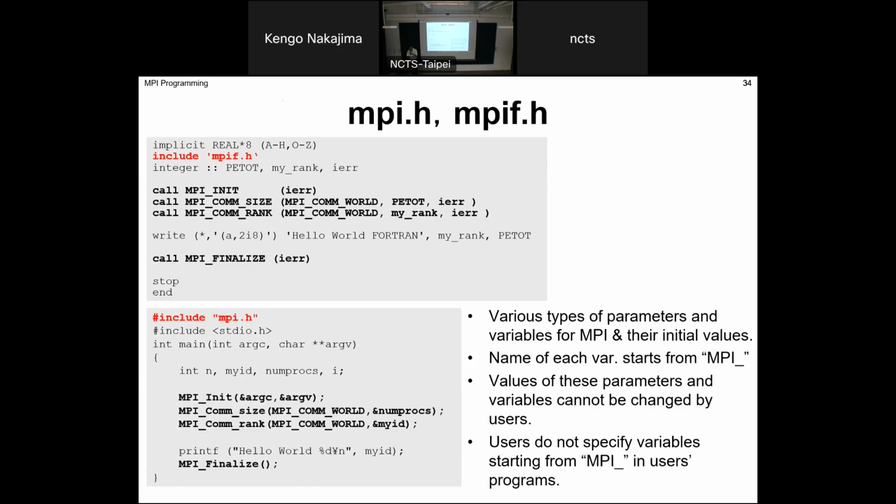If you want to use this type of name, for example, I recommend my_MPI_something. Anyway, please avoid such names, because we have a lot of such variables.